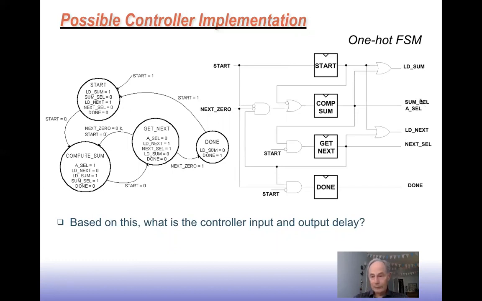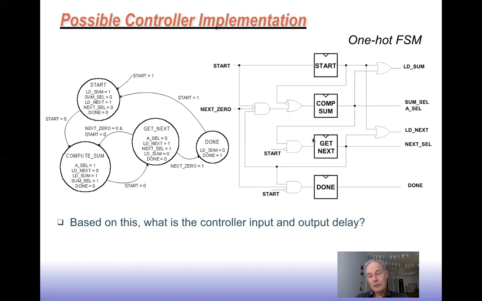We got sum select, turns out those take on the same value. There's the load signal for the 2 registers, sum and next. And then there's the multiplexer in front of each register select signal, the sum select and the next select, and then the done signal, which indicates that we're done.